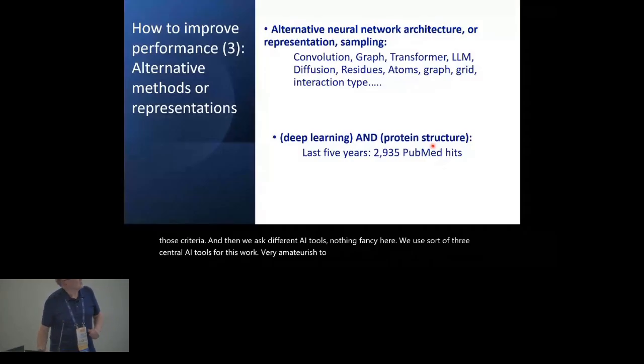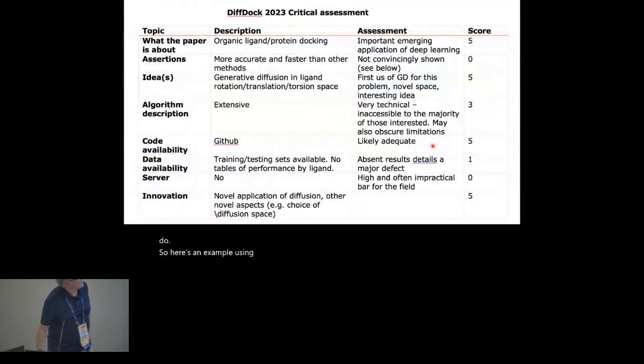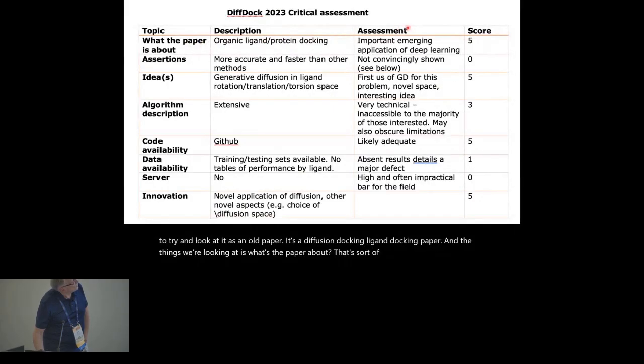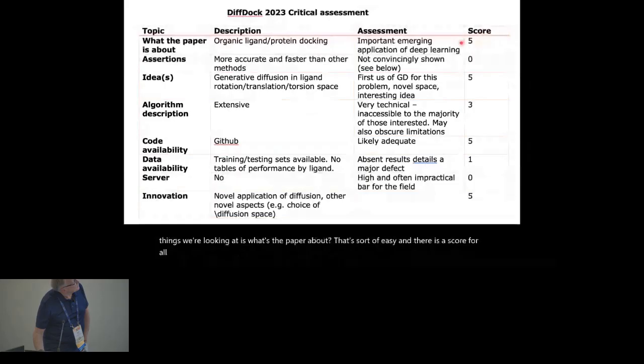So here's an example using actually just ChatGPT with a lot of prompt engineering, of course, to try and look at it. It's an old paper. It's a diffusion docking, ligand docking paper. And the things we're looking at is what's the paper about? Well, that's sort of easy. And there is a score for all this. Is this something which is interesting? Yes. Are there new ideas here?